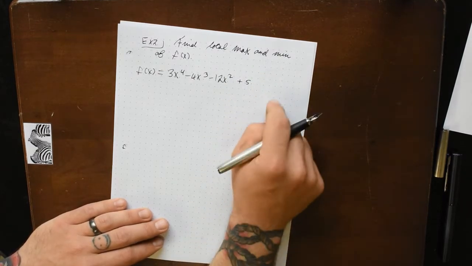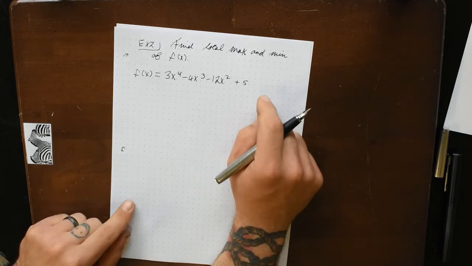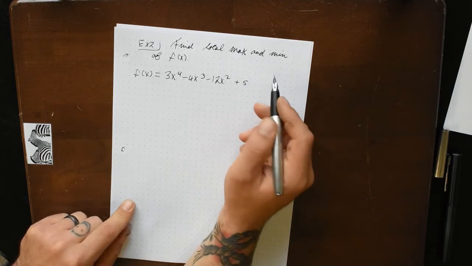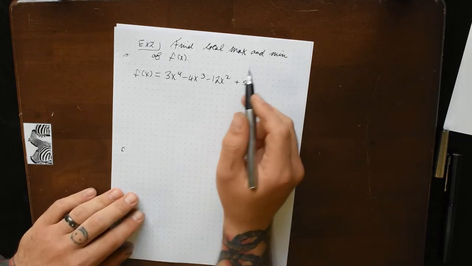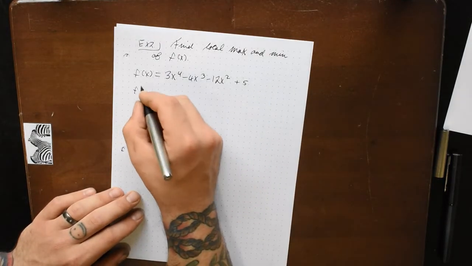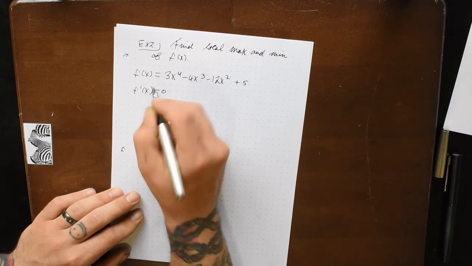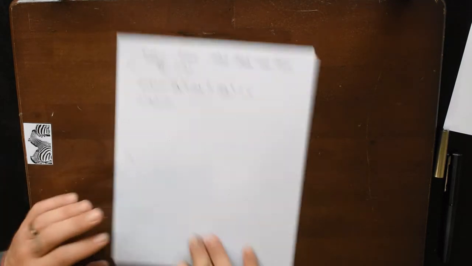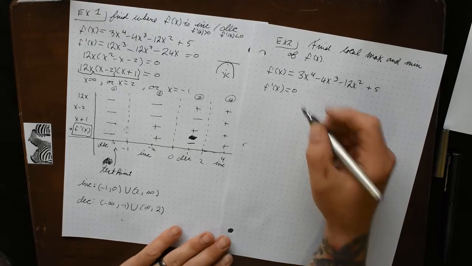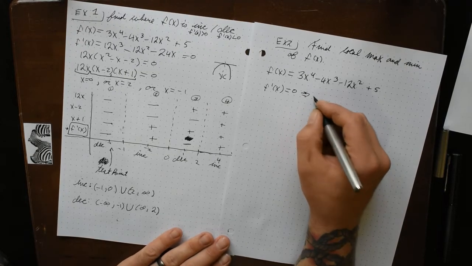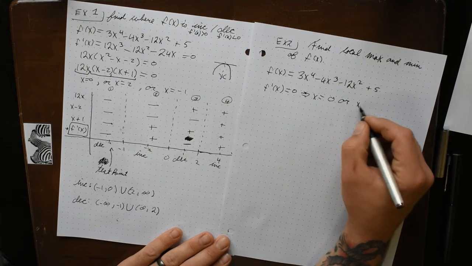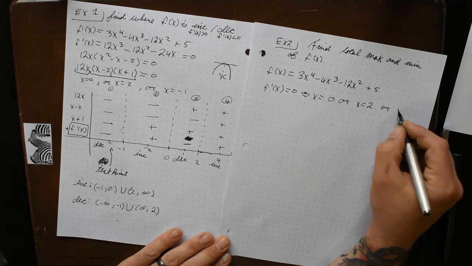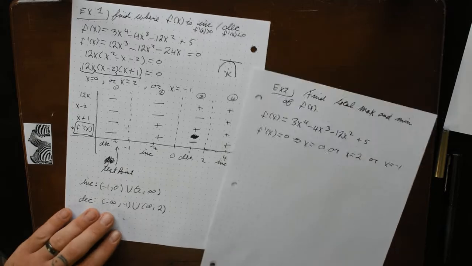So if we want to find the local maximum and minimum values of f, we know that they are going to occur at the critical numbers. We want to figure out where f prime of x is equal to 0. And we've already done that. We did that back here, and we know that that means that x is equal to 0, or x is equal to 2, or x is equal to -1.